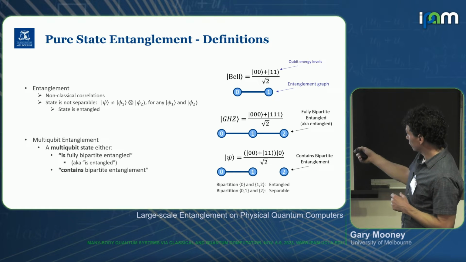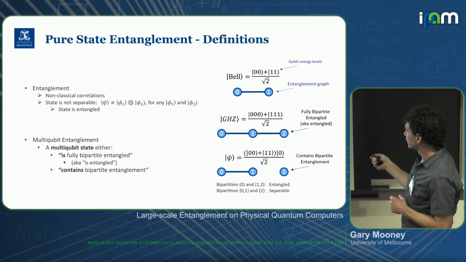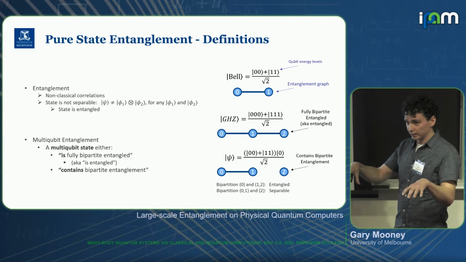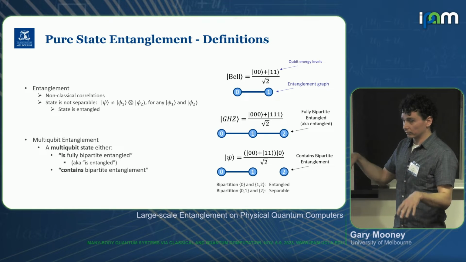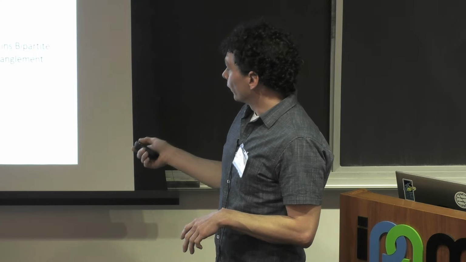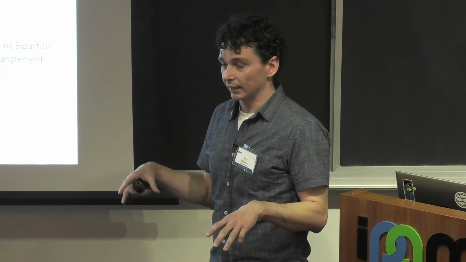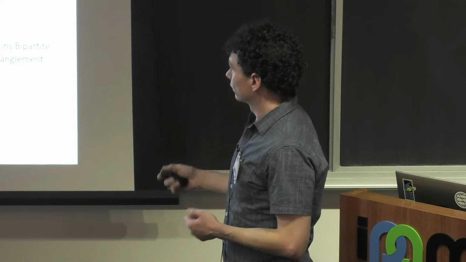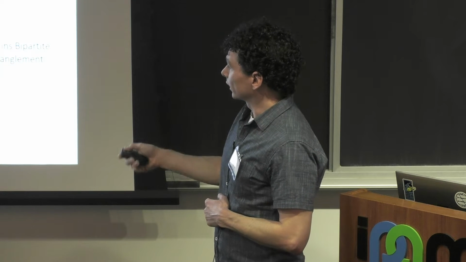We're going to be looking at bipartite entanglement. This is important because usually when people think about bipartite entanglement, they just think about 2 partitions and whether you can separate them or not. But we're going to be looking at whether you can find a bipartition where you can separate it. So it looks more like that.